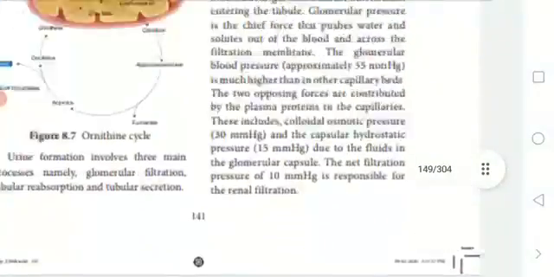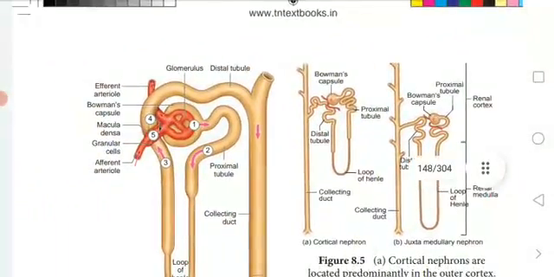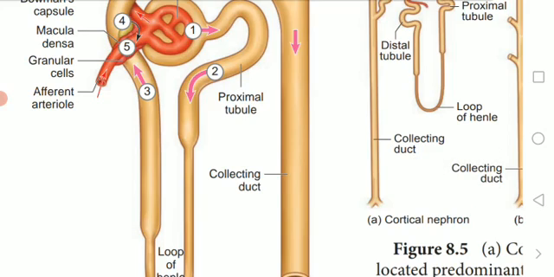The volume of filtrate formed per day is around 170 to 180 liters, and the urine released is around 1.5 liters per day. Nearly 99% of the glomerular filtrate has to be reabsorbed by the renal tubules.